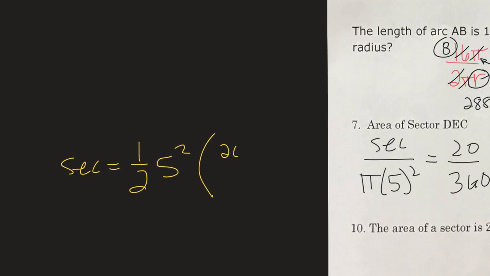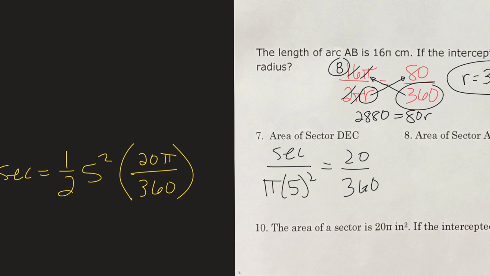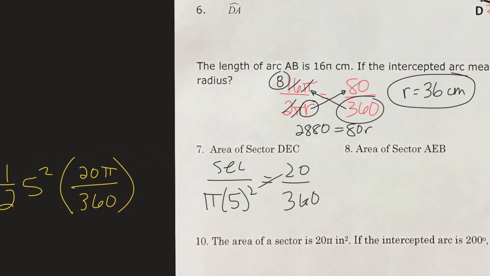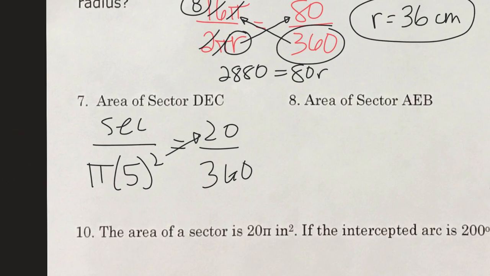times 20 pi over 360. You take your angle, multiply it by pi, and divide it by 360. So on the right side, doing the algebra, we would have to do 25 times 20, because 5 squared is 25. What is 25 times 20?